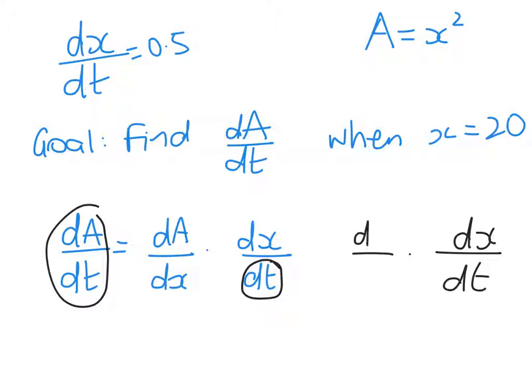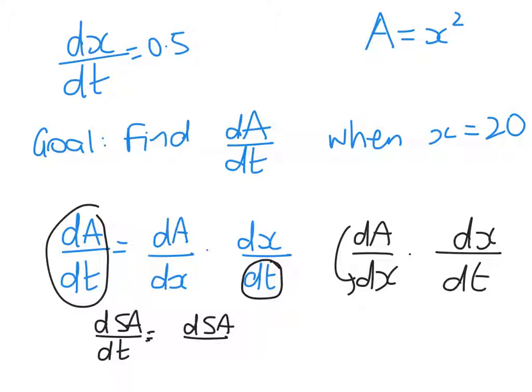The very first one in the chain has to be dA by d something. And in this case, all I need to do is to think, well, this must be dA by dx. Now, with these problems, many of you are going to be sitting there going, yes, that's really obvious. But when we get to the harder ones, the same thing's going to work. One of the exam questions from last year has got something to do with surface area. And you end up with something here, and something here.